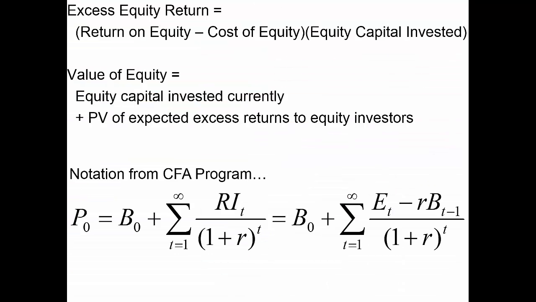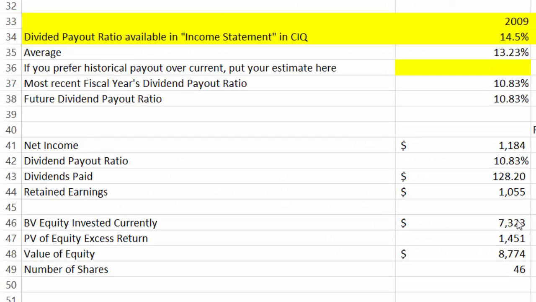And remember that the value of the equity, or the target price, is going to be equal to the book value plus the sum of the present values of the residual incomes. And that's what we have right here in the spreadsheet. We've got the book value right here. We've got the present value of the equity excess returns.